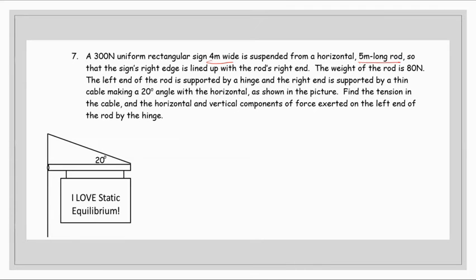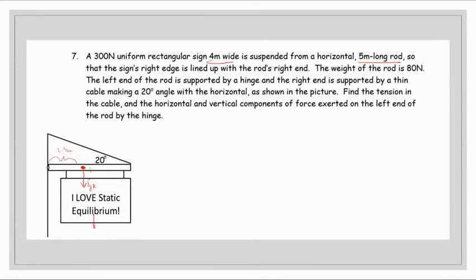So here this is going to be 2.5 meters, and that gives me the weight of our rod, the force of gravity of our rod. Then we have our 4 meter wide sign.